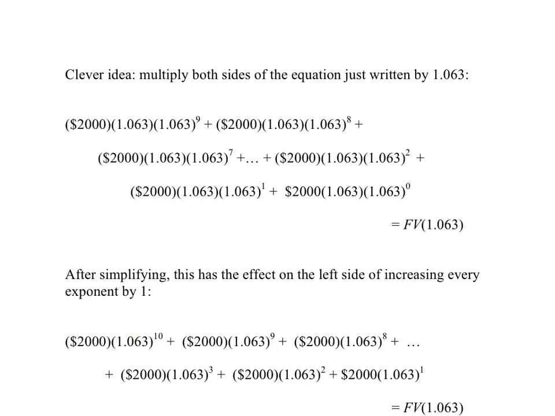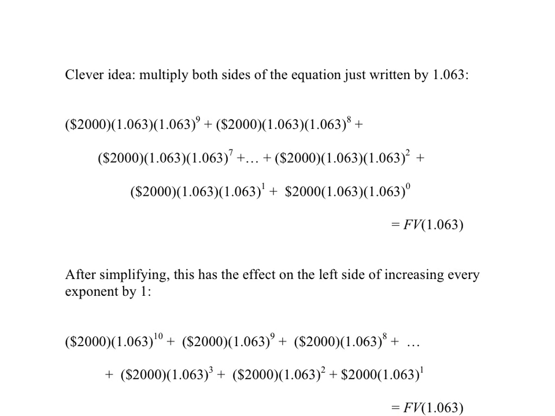Our sum of 10 terms starts with 2,000 times 1.063 to the 10, and it continues going with the exponent dropping at every step until it ends with 2,000 times 1.063 to the 1. So this sum looks very much like the original sum, except the exponents have each been increased by 1.